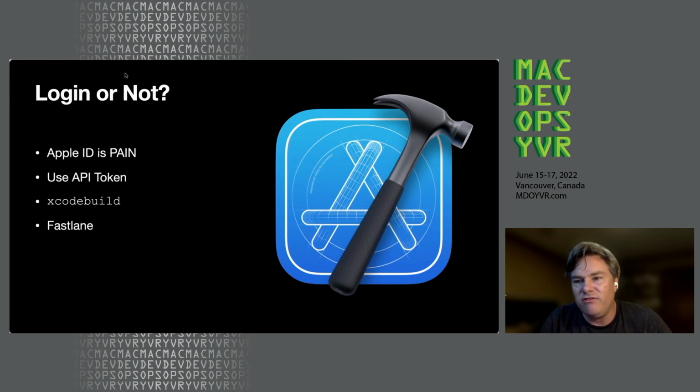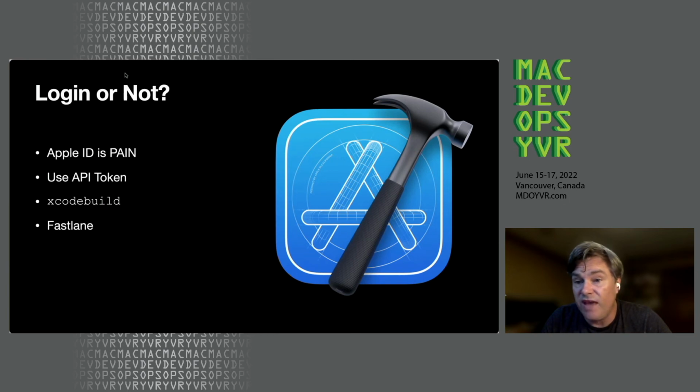And the way around this is to use the API token for App Store Connect. So you can get an API token, and then you can use that with your build process to do the authentication up to Apple. A couple of things to know about that. One is that you can't have a username entered into the Accounts pane if you're going to use an API token. It's got to just be API token or nothing. You can use the API token with xcodebuild.